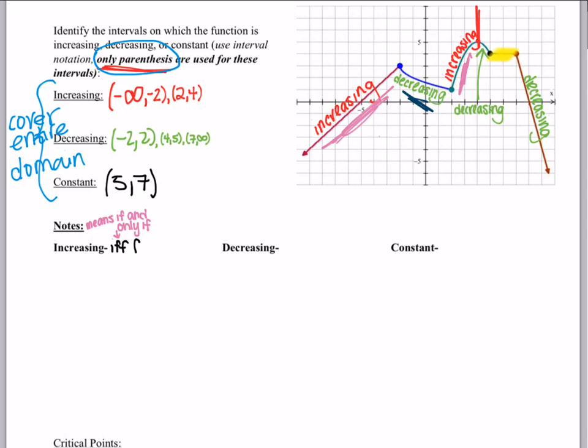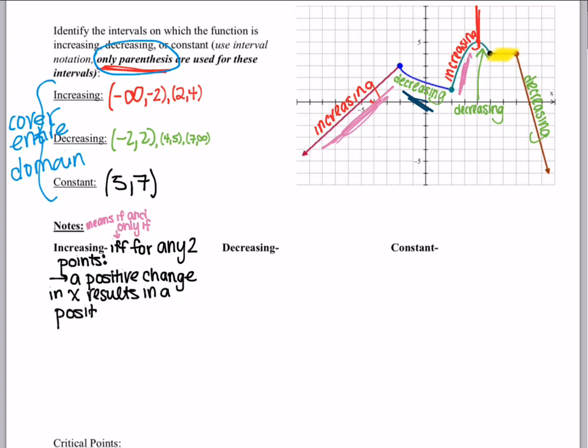So an interval or some values are increasing if and only if for any 2 points on our graph, a positive change in the x values, so as we move to the right, results in a positive change in the y values, right? So that means our graph would be going up.